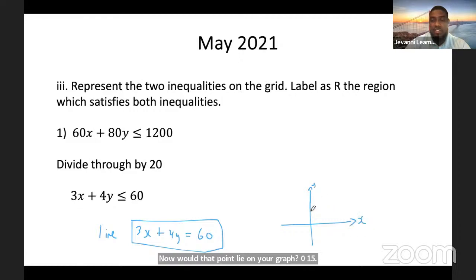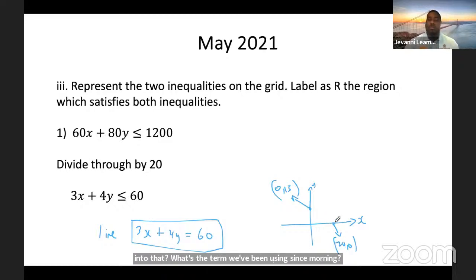David is saying on the y-axis. All right. And the point 20, 0, where would that one be? On the x-axis. Okay, so what are those 2 points that you've just identified? What's the term we've been using since morning? No, not coordinates.